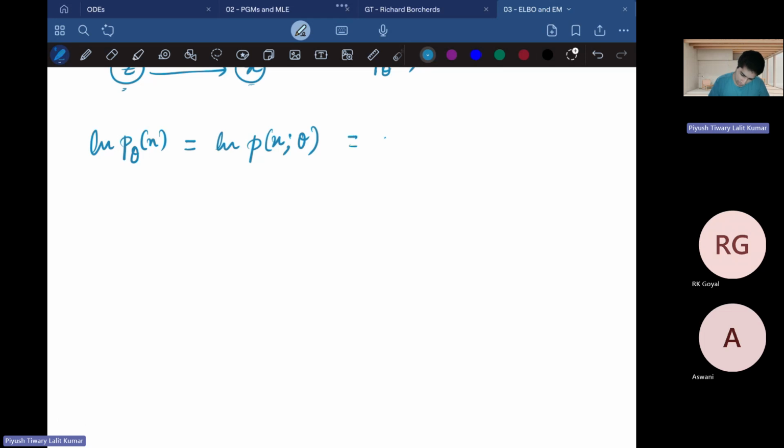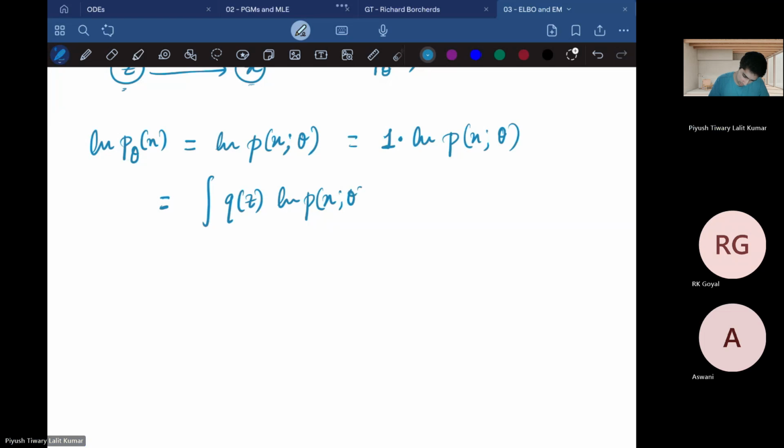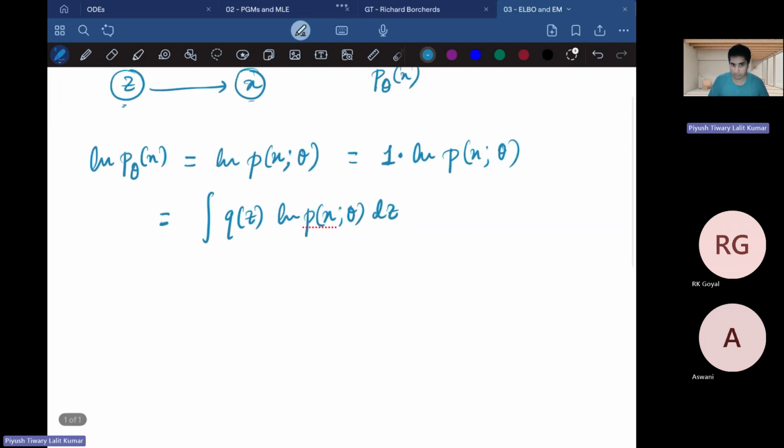You can write it as 1 into log of P of X given theta, right? Now you have 1 here, so you can replace 1 with anything which is equal to 1. What will this look like? I'm going to replace the 1 with the integral of Q of Z, times ln P of X theta, dz. Okay, what did I do here?